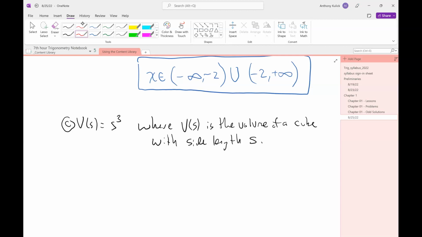Everybody agree with that? I would still start with the implied domain.